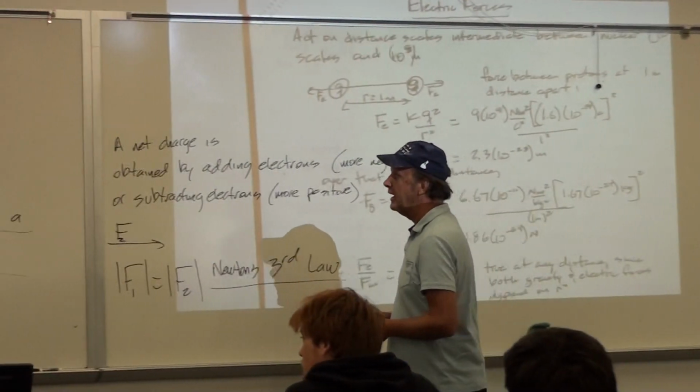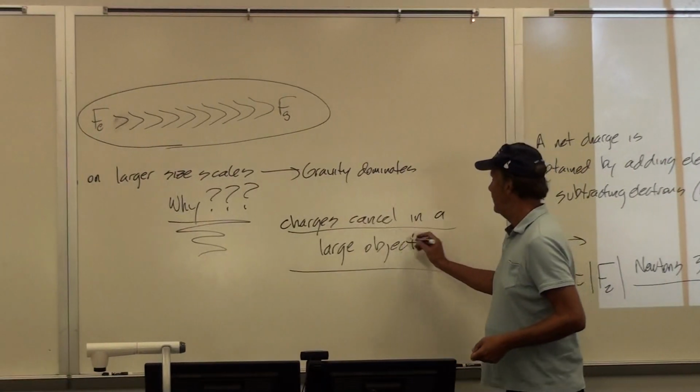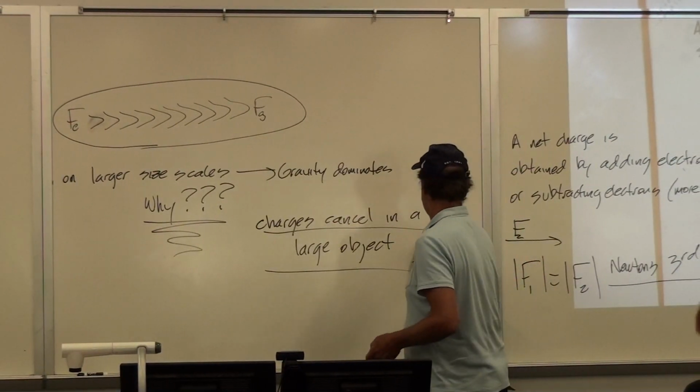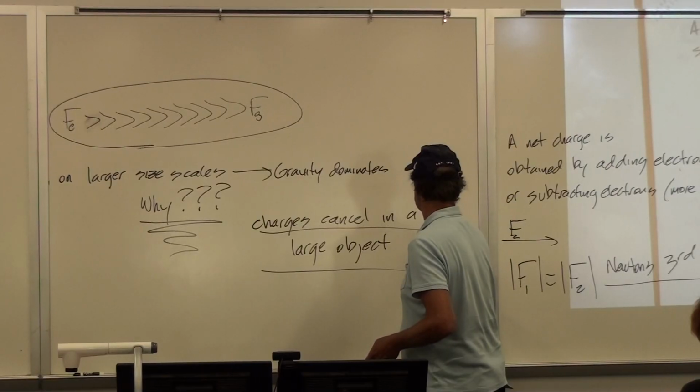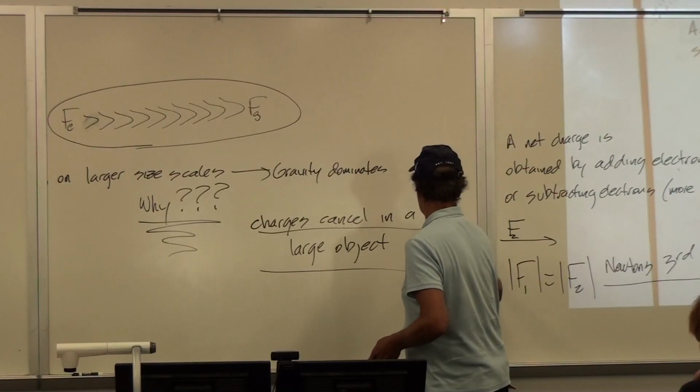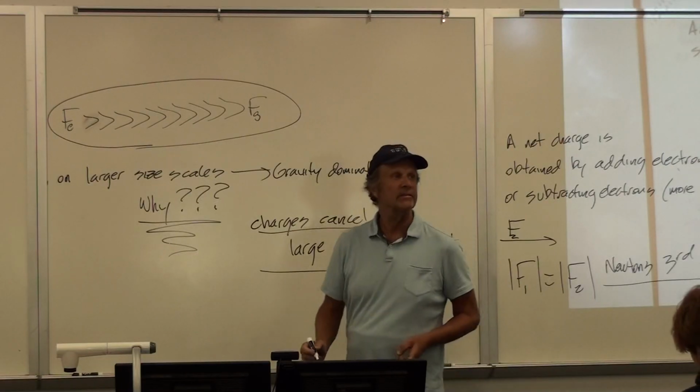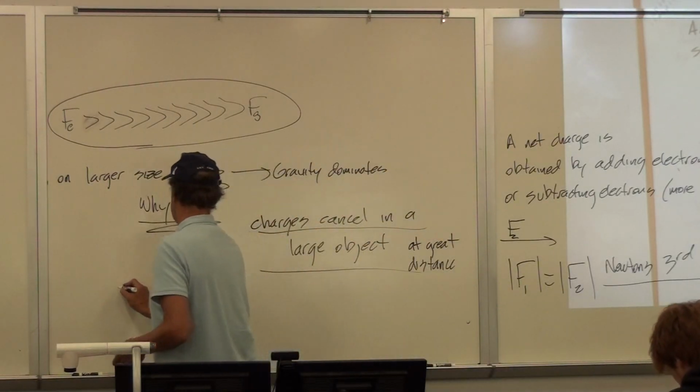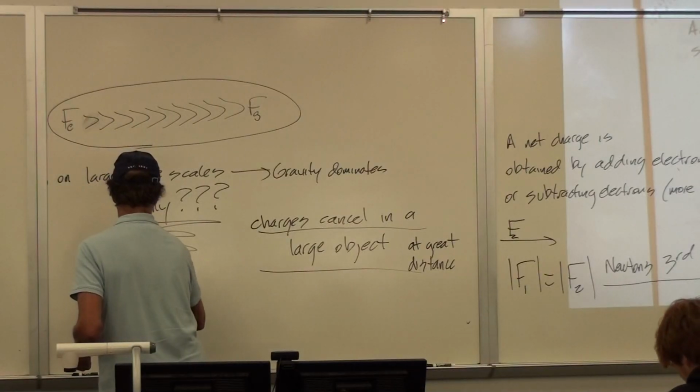But if the charges cancel in a large object at great distances, then why don't they cancel at small distances? We still have equal amounts of charge.